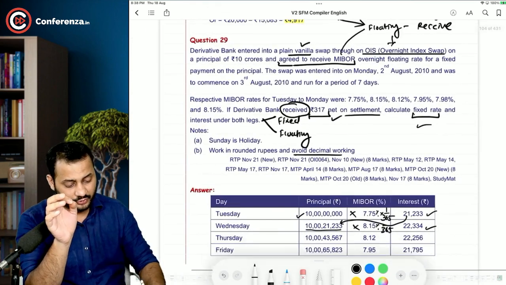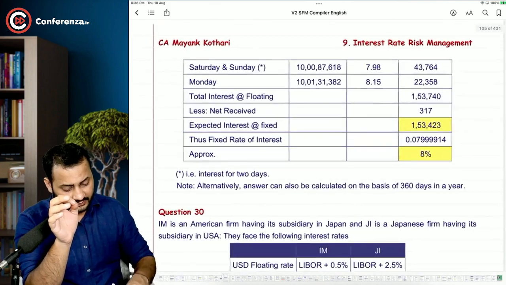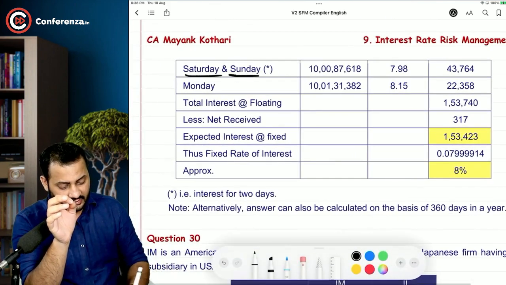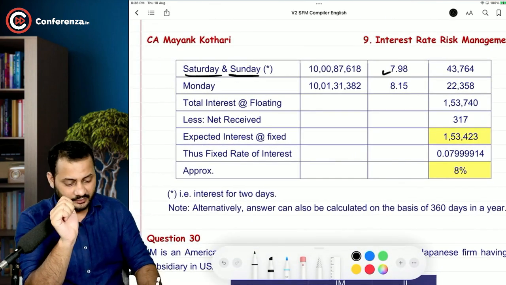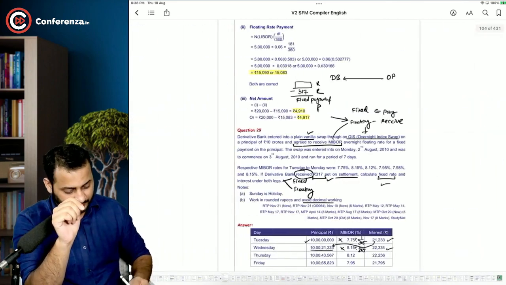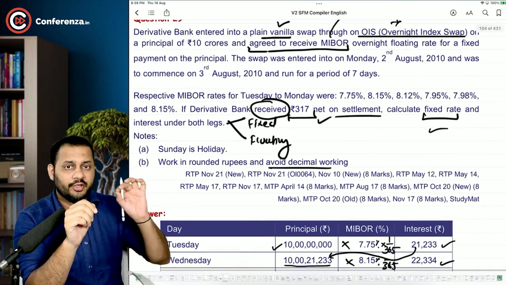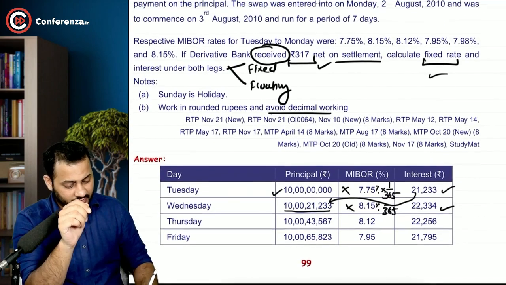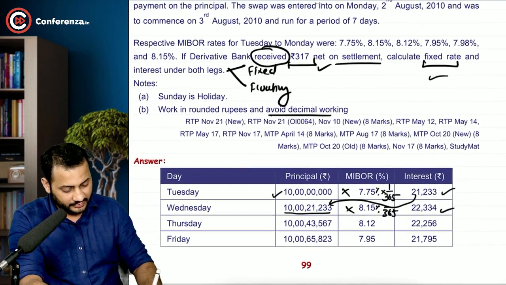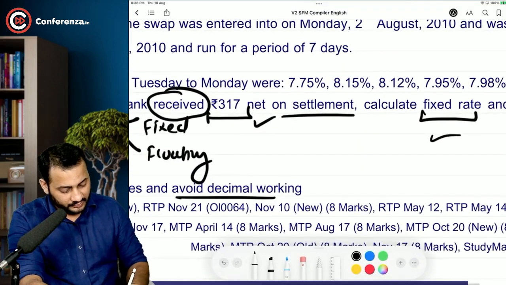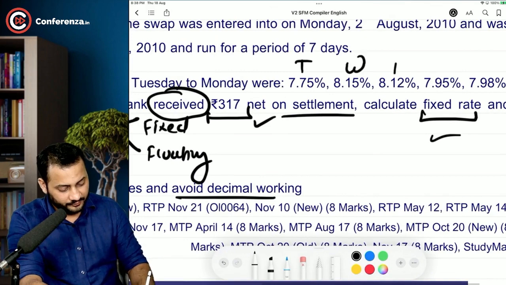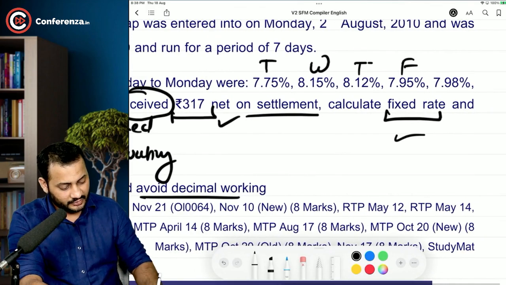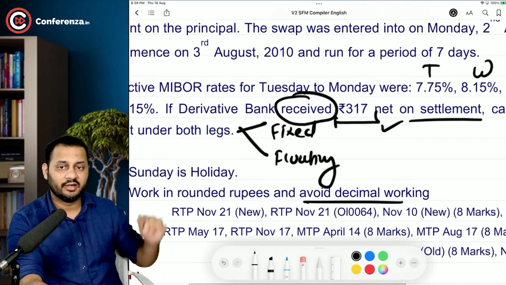There is one thing that you should notice here. For Saturday and Sunday, there is only a single rate, which is 7.98%. I will tell you why. See, from Tuesday to Saturday, Monday, I think. Just imagine, this is for Tuesday, Wednesday, Thursday, Friday, Saturday, and there is only one rate available.